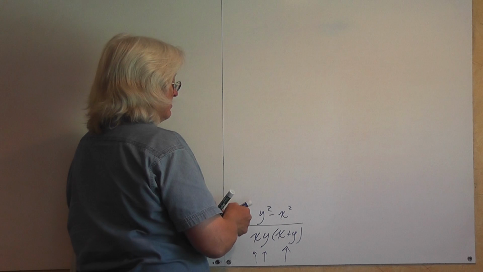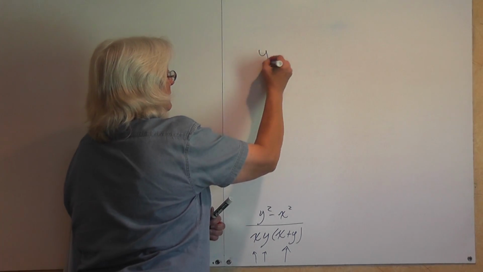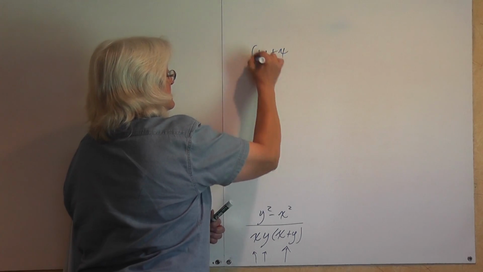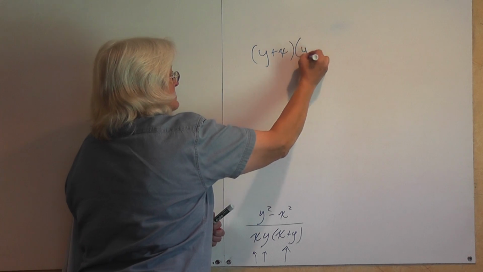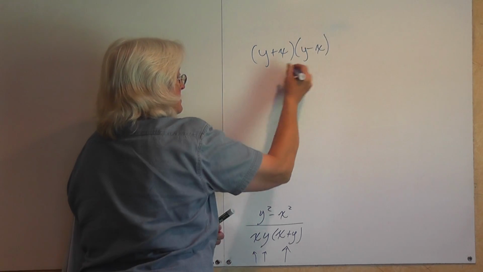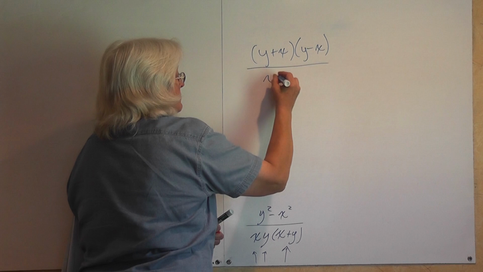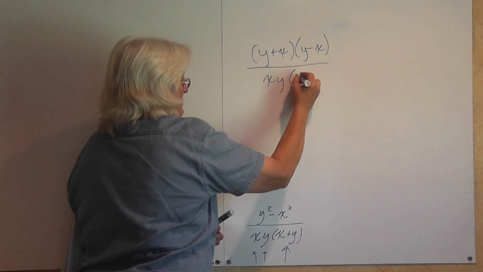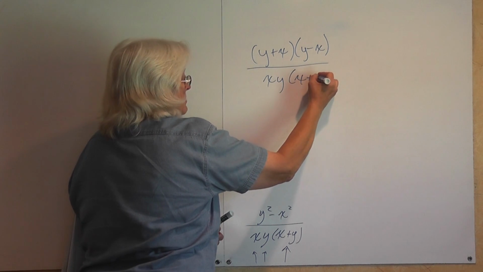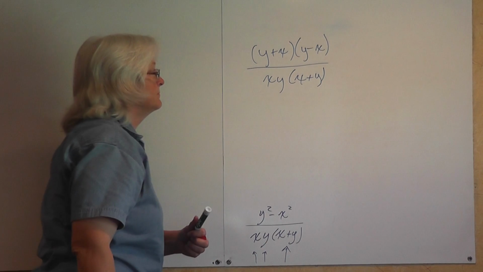That's going to factor into y plus x times y minus x, all of this over the product x times y times the quantity x plus y.